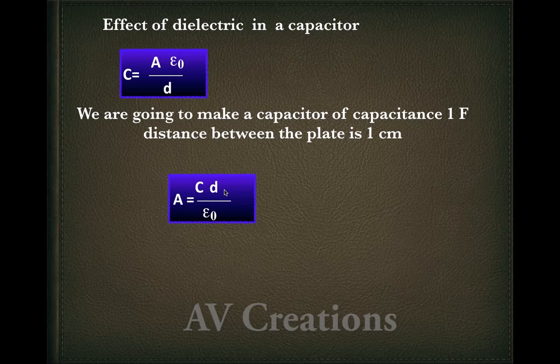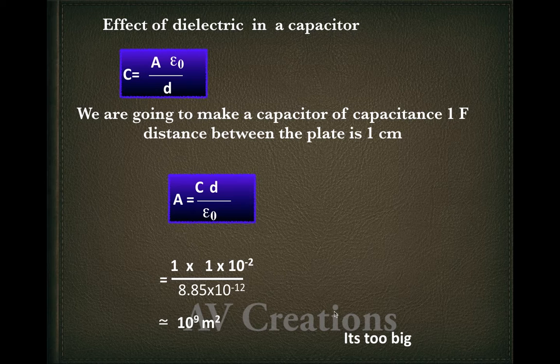C is equal to 1, D is equal to 1 centimeter, in meters it will be 1 into 10 raised to minus 2 meter, and the value of epsilon 0 is 8.85 into 10 raised to minus 12. If we substitute all these values, the area is approximately 10 raised to 9 meter square. It's too big. So making a capacitor of capacitance 1 farad is not practical.